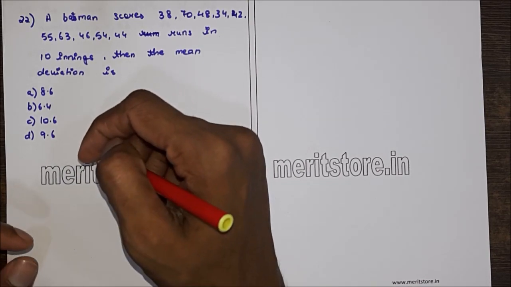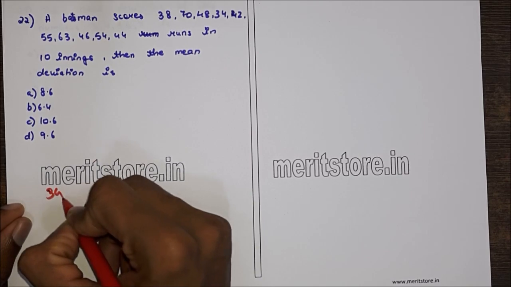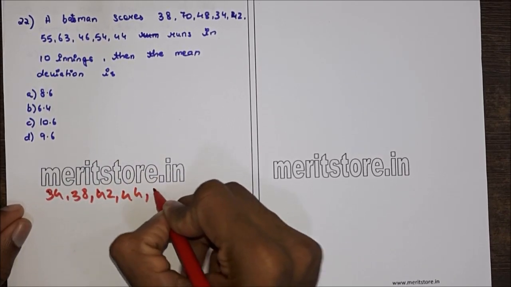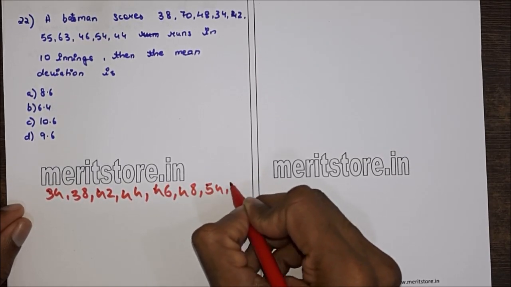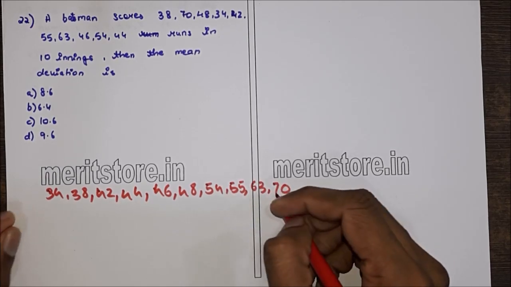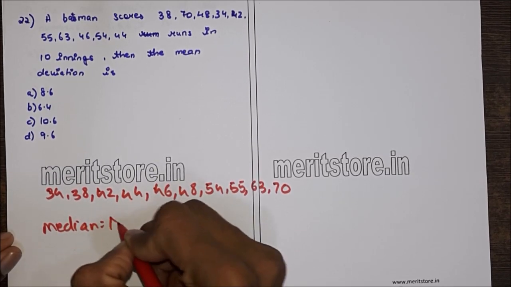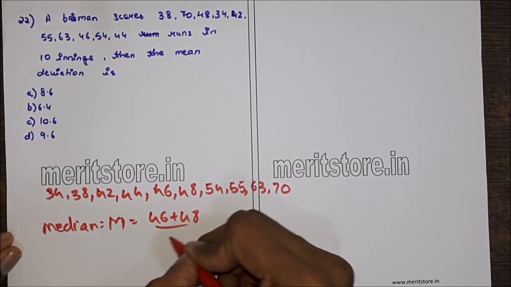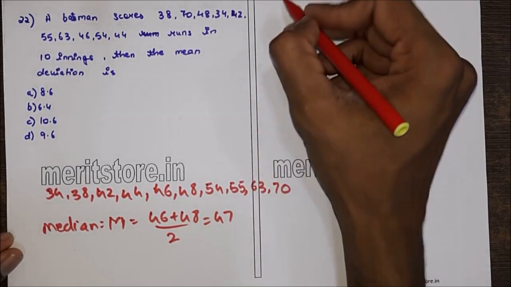Arranging the given data in ascending order, we get 34, 38, 42, 44, 46, 48, 54, 55, 63 and 70. So the median, which is equal to M, we get (46 plus 48) divided by 2, which is equal to 47. Therefore, we have N is equal to 10.